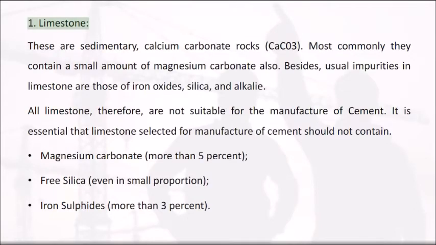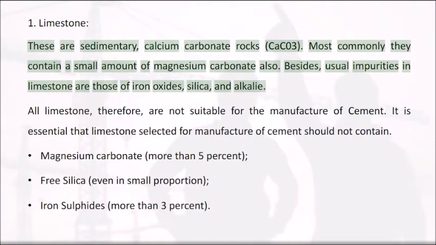1. Limestone. These are sedimentary, calcium carbonate rocks, CaCO3. Most commonly they contain a small amount of magnesium carbonate also. Besides, usual impurities in limestone are those of iron oxides, silica, and alkali.